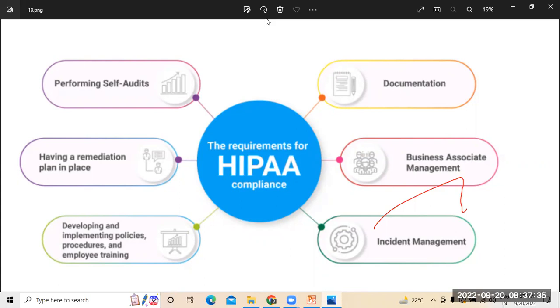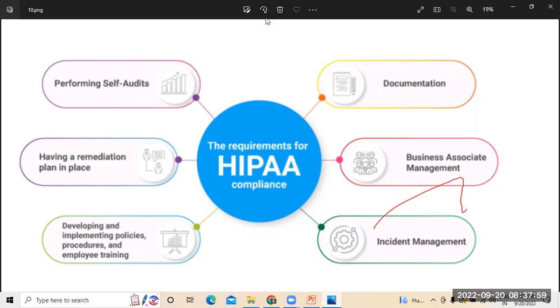Once they have associated, what rules and regulations do they have to follow? At the same time, how to manage these business associations and move them to the next level. This all comes under business associate management.